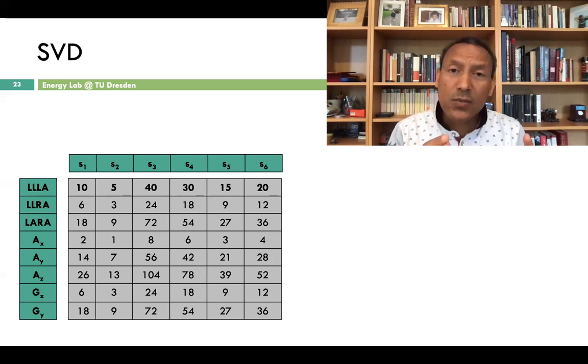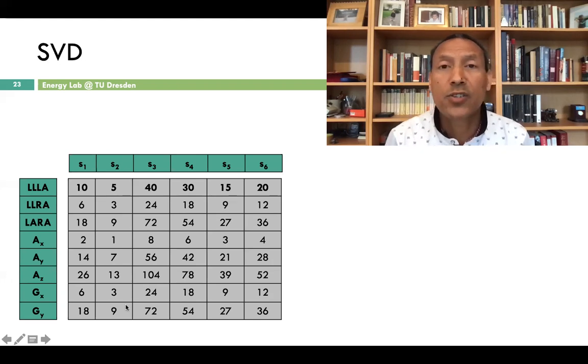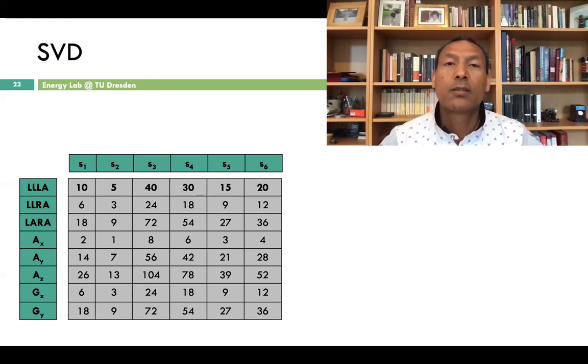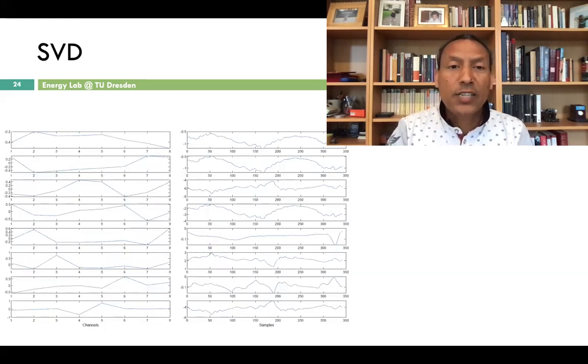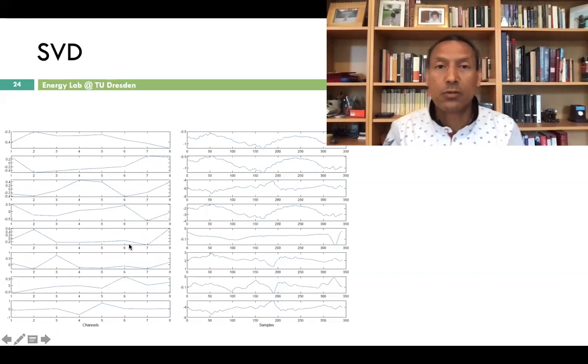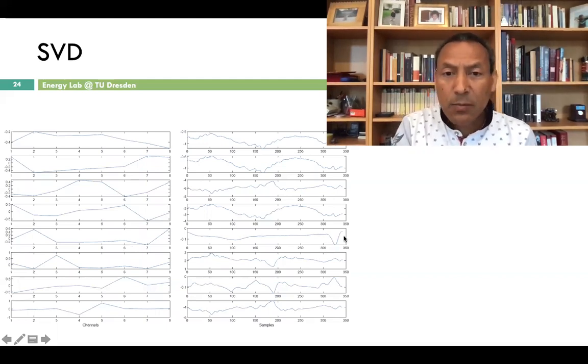Because SVD examines the existence of correlation along the horizontal and the vertical dimensions, we can take advantage of this correlation to separate the motion artifacts from the useful ECG signal. So this is, for example, how we decomposed. Here, this is the most important one.